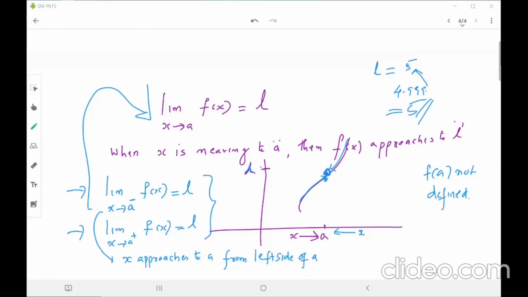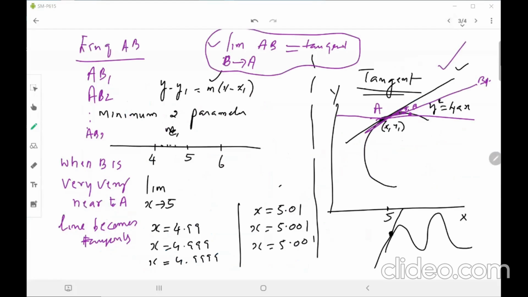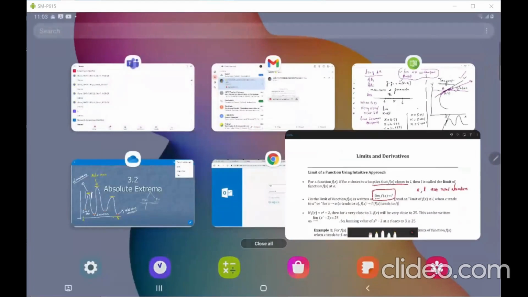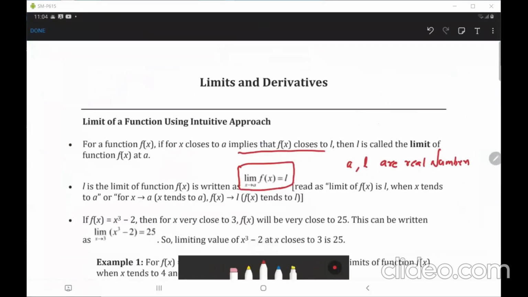I think the first slide you have also written. That is the tangent. Okay, leave that, no need. Just try to understand the meaning. What is the purpose of limit? Why are we using limit? When are we using limit? These things. Okay, now we can go through our note. Now we can read this one and see if you have any question.